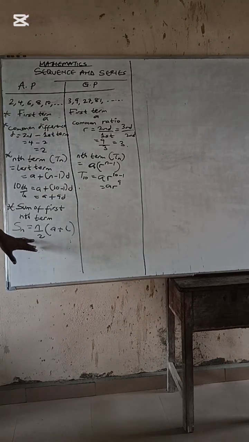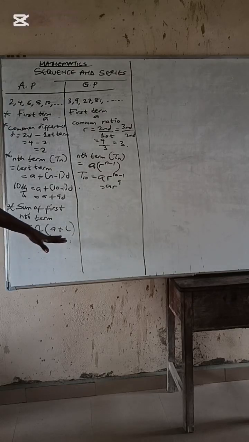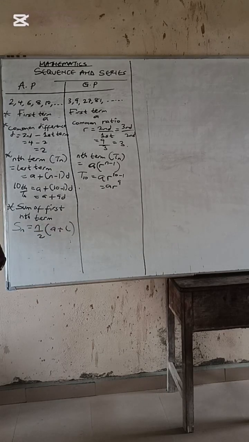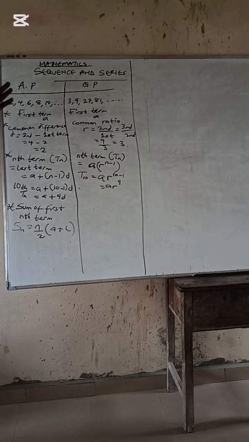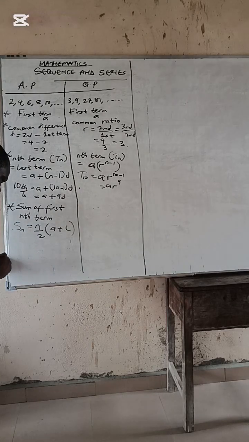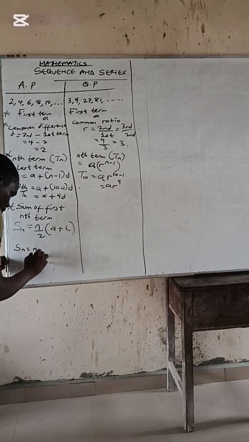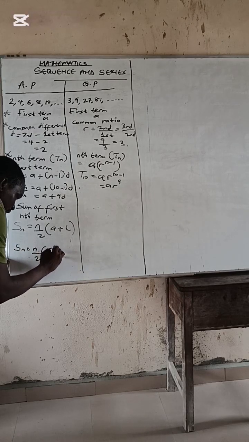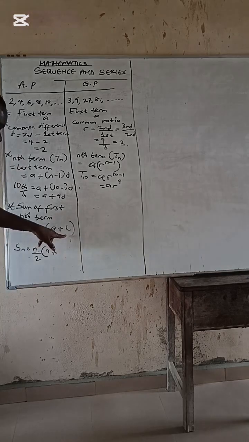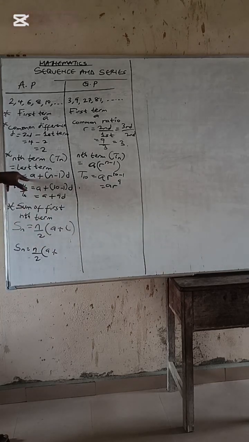Now, how about when you have a situation where they do not give you the last term? We are told to look for the sum of the first 12 terms of an AP, and in the sequence or in the series, we are not given the last term. How do you solve it? You are supposed to use the second formula for the sum of n terms in AP, which is Sn equals n over 2 into bracket a plus, this time around, if you are not given l, what did I say the formula for l is?